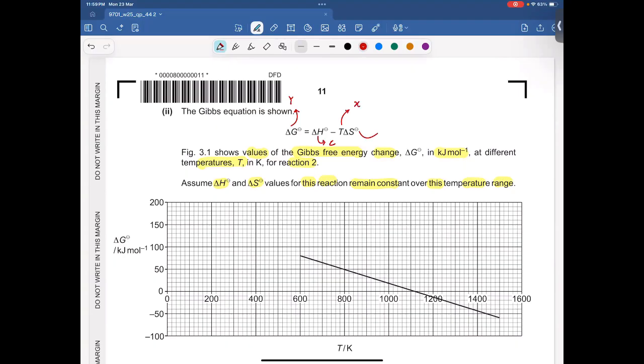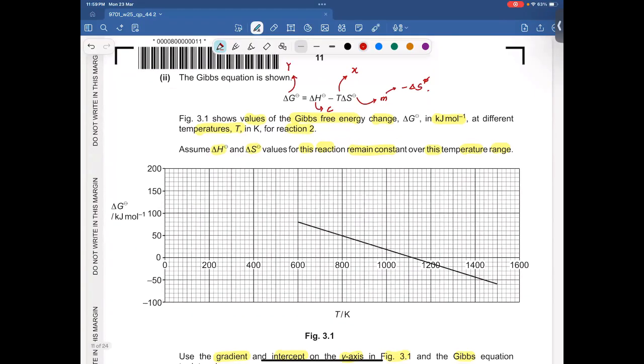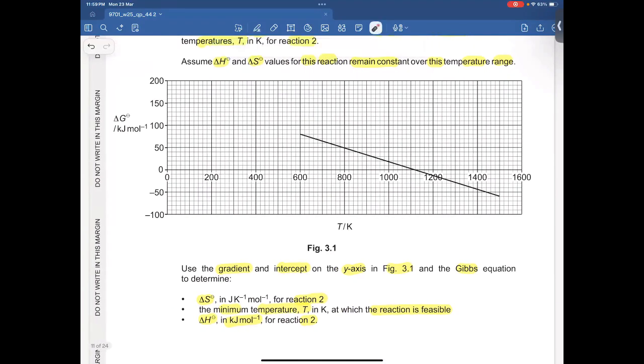Temperature is X, and delta S naught is basically M, that is your gradient. So M is technically minus delta S naught. Okay, remember that. So we have 2 points here. The first one is here, and the second one is here.